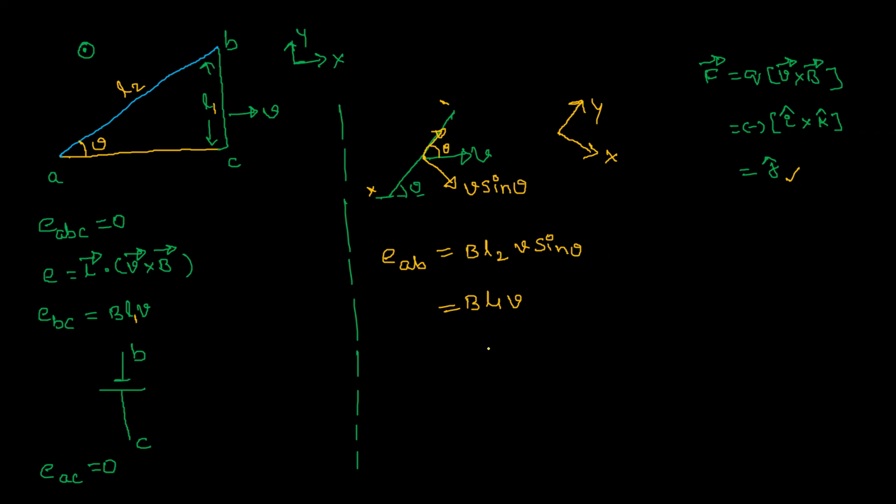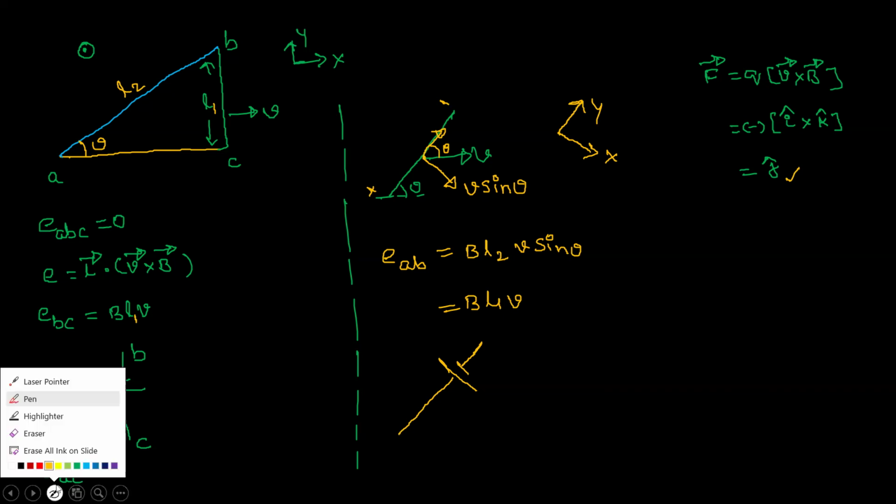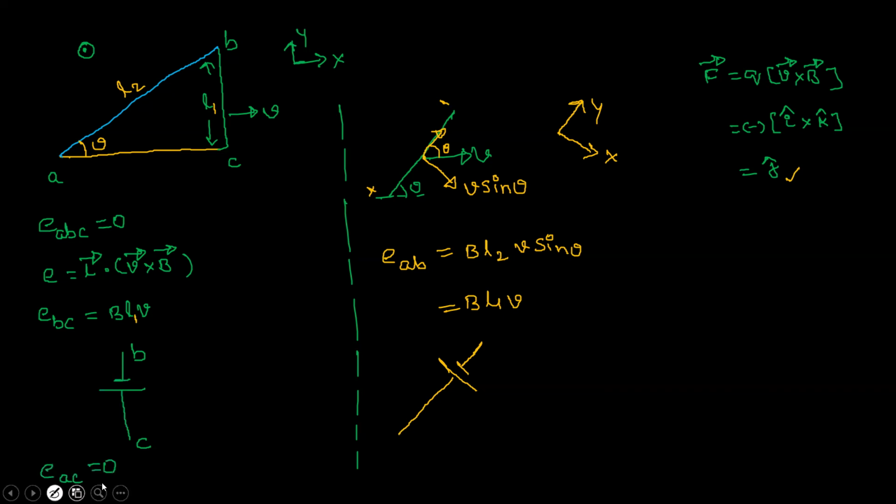That means we can replace now AB with a battery like this. So if you draw a complete circuit, see how that will be.